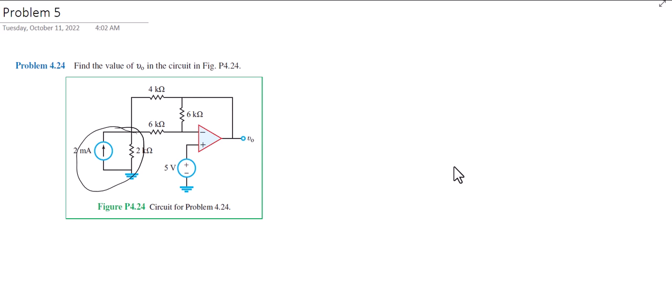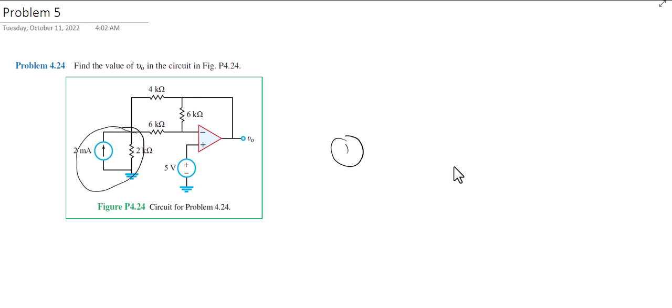To change a current source with a parallel resistor into a voltage source and a series resistor, the voltage is going to be the product of these. So 2 milli times 2 kilo, a milli and a kilo cancel each other out.